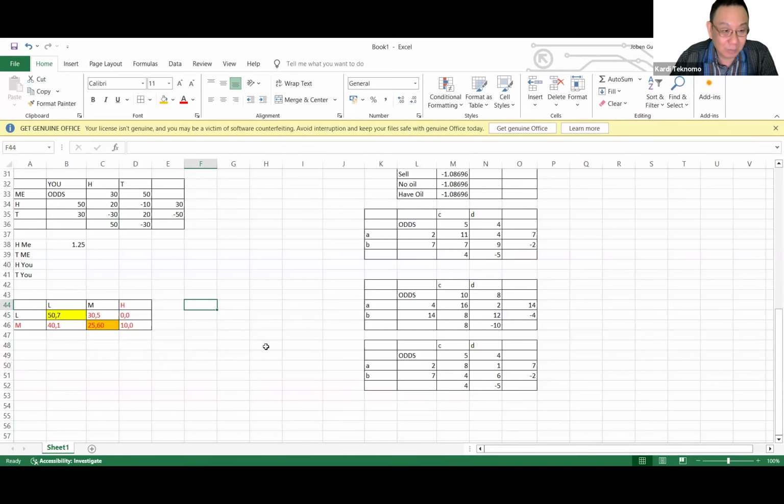Low is actually the equilibrium. So equilibrium means you can predict that if you play these games, people will play low and low. And even though for the welfare of both players medium would be the best, they don't play the best.